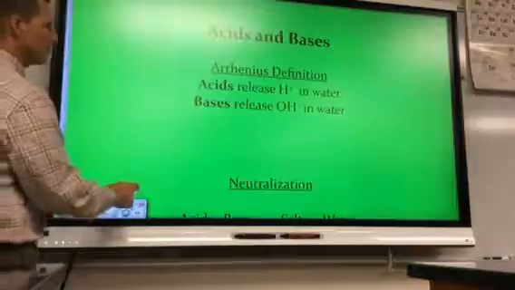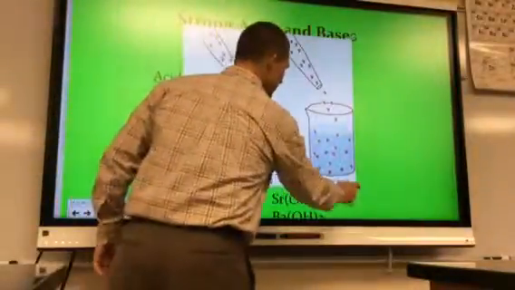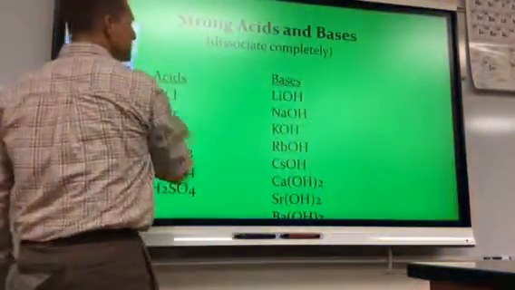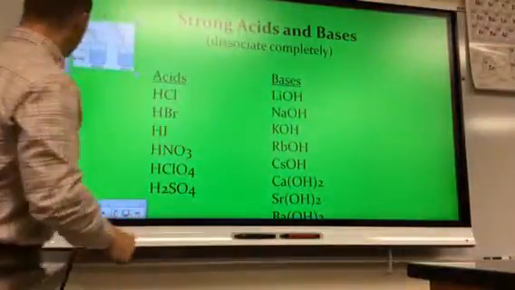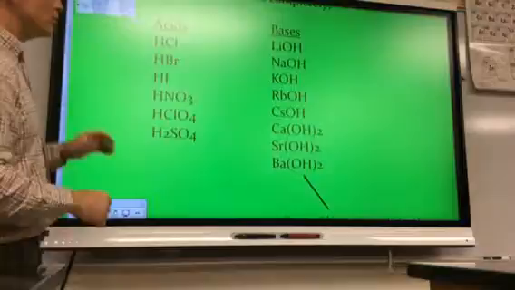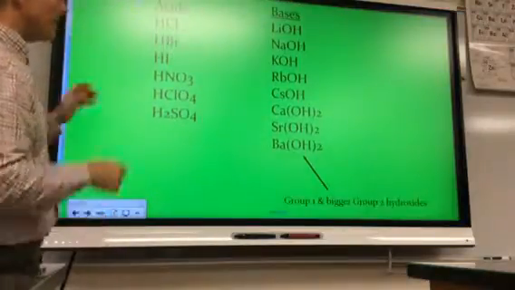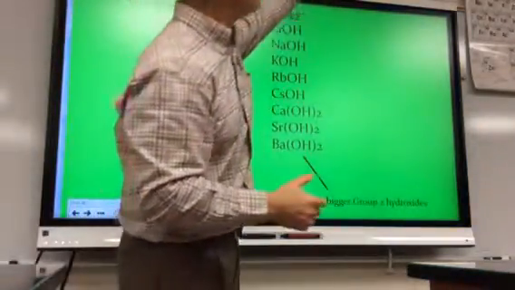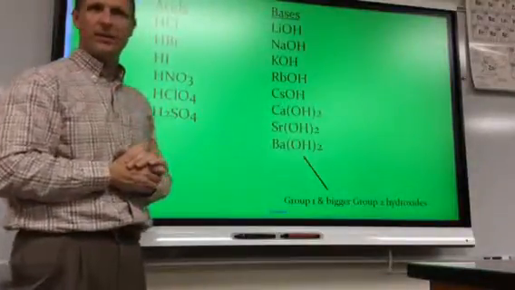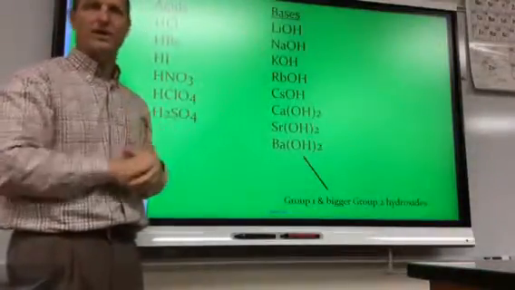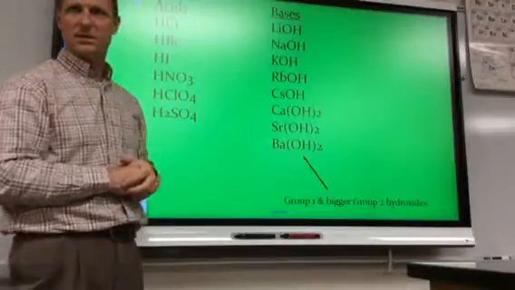Oh, I had it covered up. All the group 1 hydroxides, plus the larger group 2 hydroxides. When I say larger, calcium, strontium, barium, the bigger group 2 hydroxides. Calcium, strontium, barium hydroxide, plus all the group 1 hydroxides, those are all the strong bases.